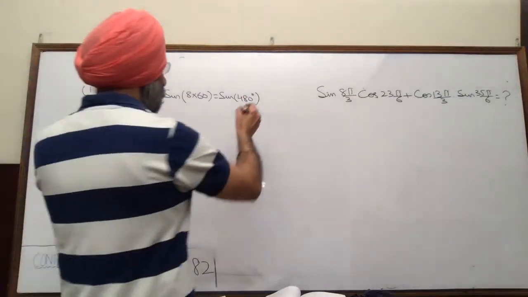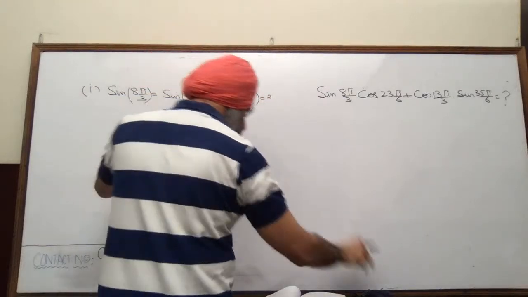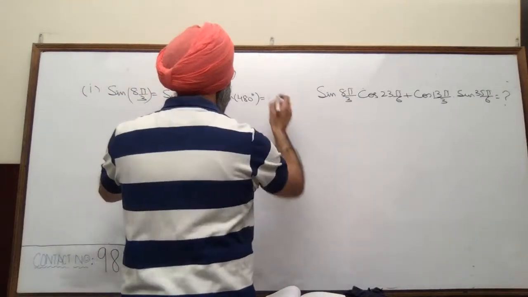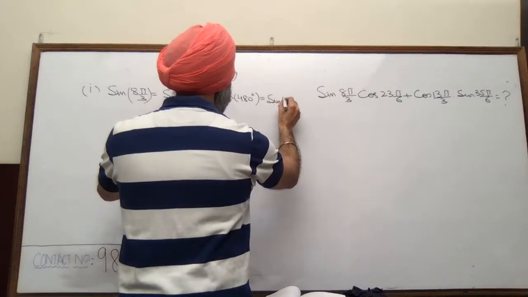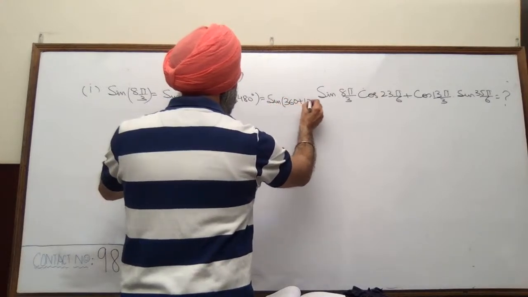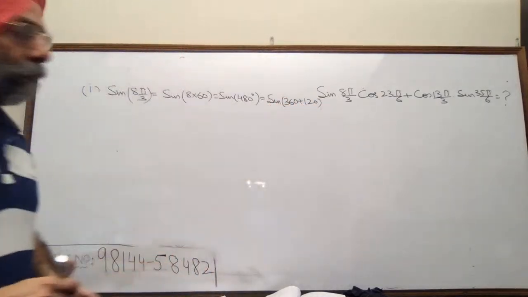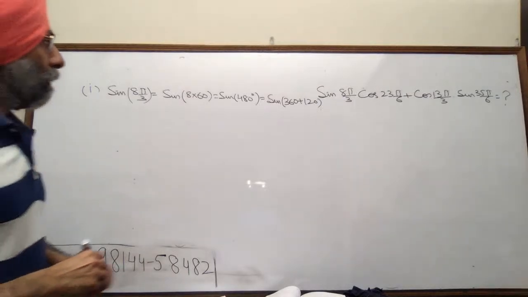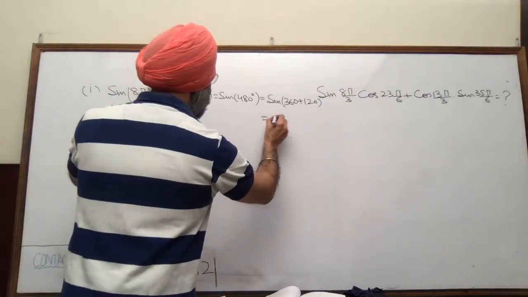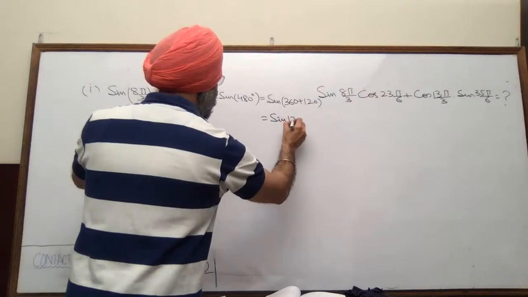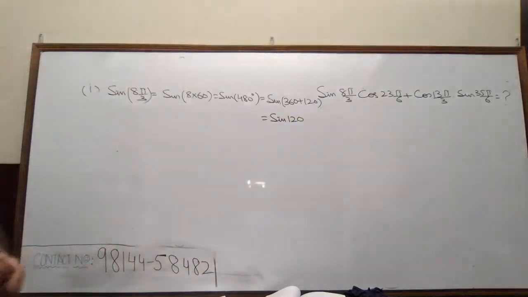So sine of 480 means this is sine of 360 plus 120 degrees. So sine of 360 plus 120 means sine of 120 degrees.